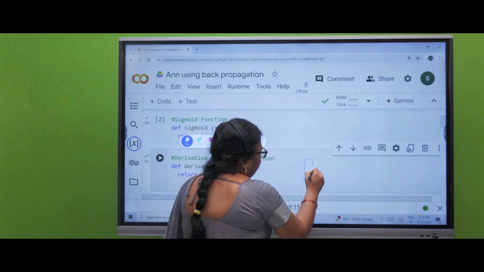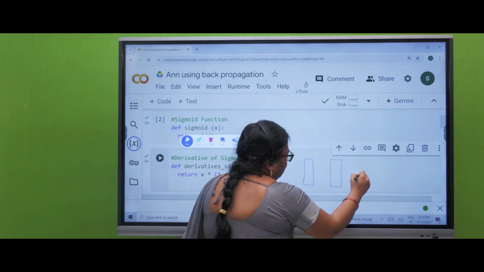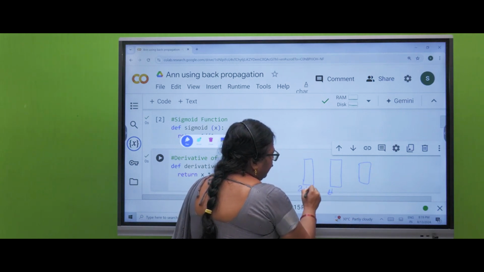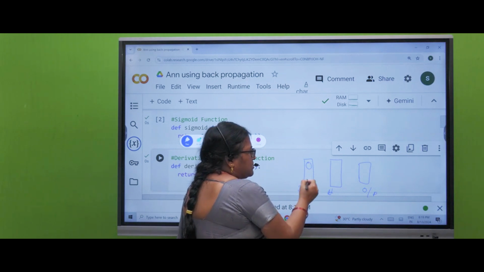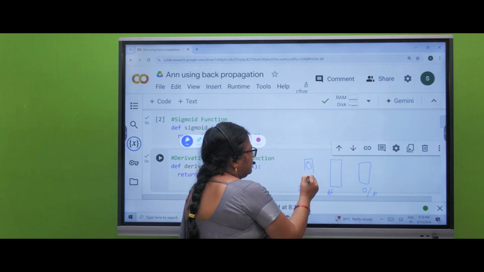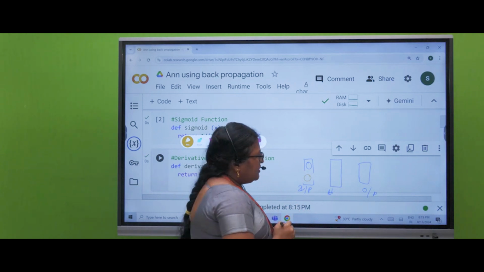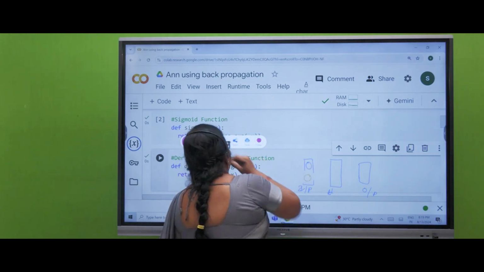This is the input layer, this is the hidden layer, and this is the output layer. Let's say here I have two nodes. Now let's say this is my x1 and x2.